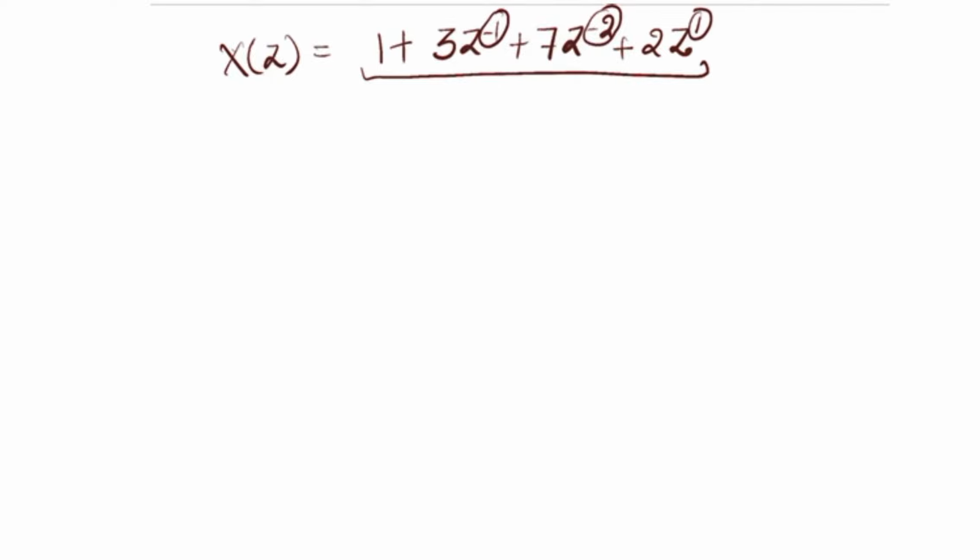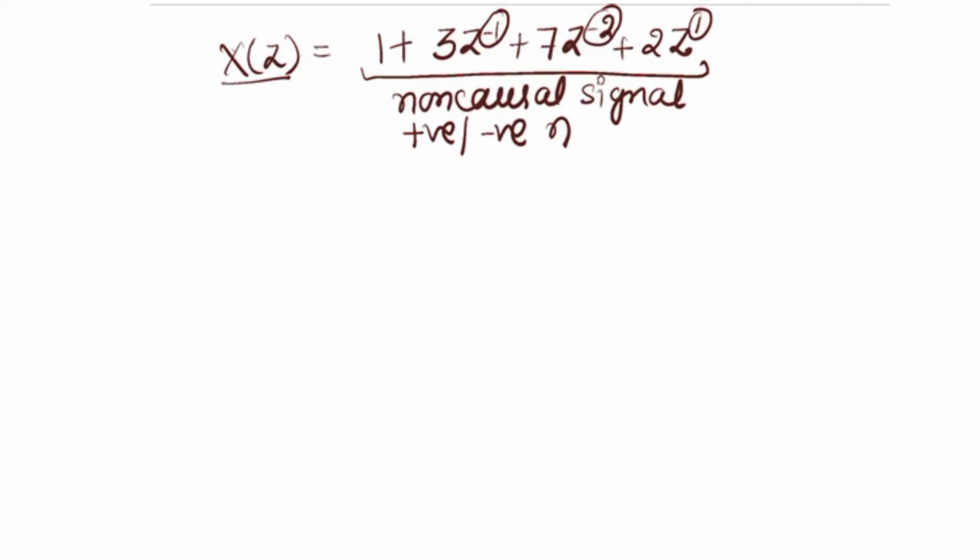When both types of powers exist in the Z transform, it is a non-causal signal, or both-sided signal. So it will exist for positive as well as negative values of n.